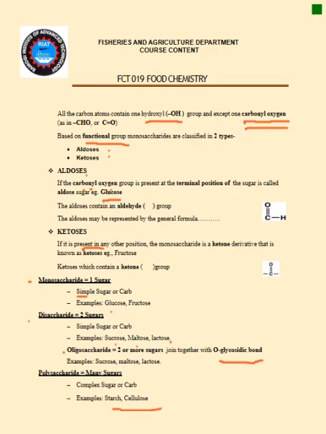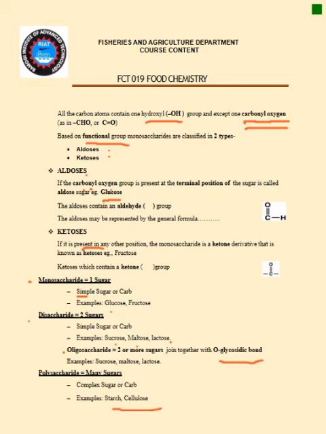When you add two monosaccharides, you get a disaccharide, through a process known as condensation. Examples are maltose and lactose. So in the monosaccharides, we have glucose and fructose. When you come to disaccharides, we have things like sucrose, maltose, and lactose.